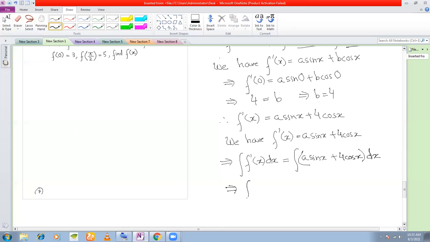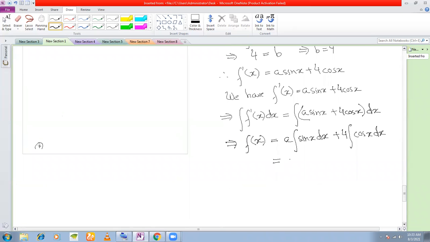Integral of a derivative will give you the function, fx is equal to a integral sin x dx plus 4 integral cos x dx, which is equal to a times the integration of sin x, which is minus cos x, and integration of cos x is sin x. So what do you get here? 4 sin x minus a cos x. This is what we get as fx.